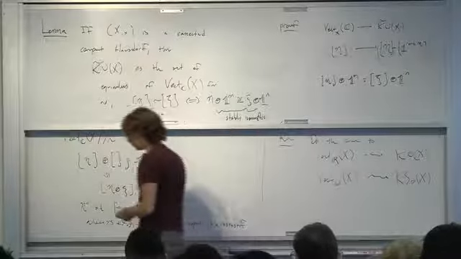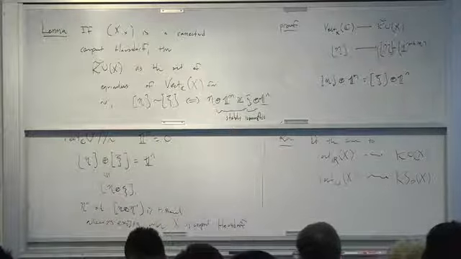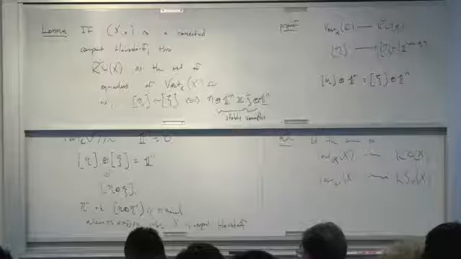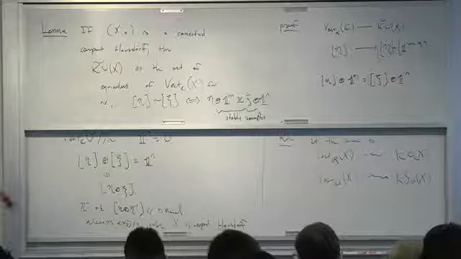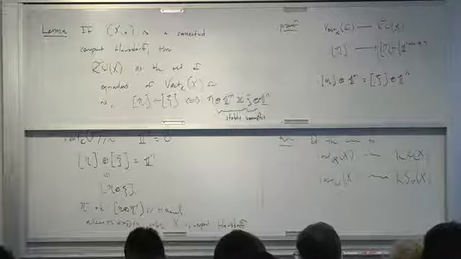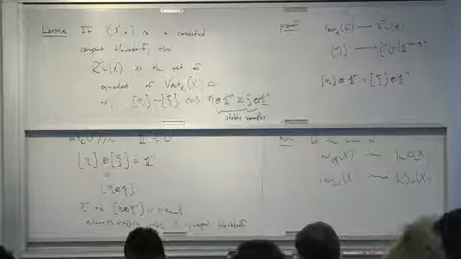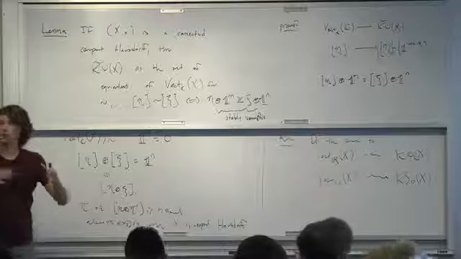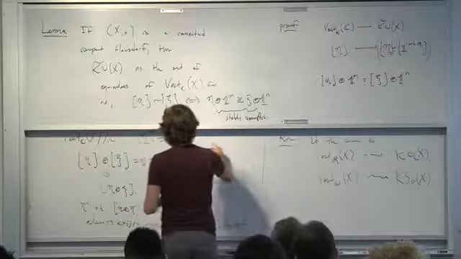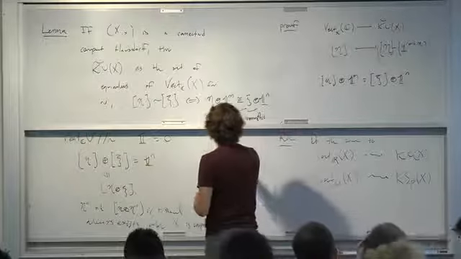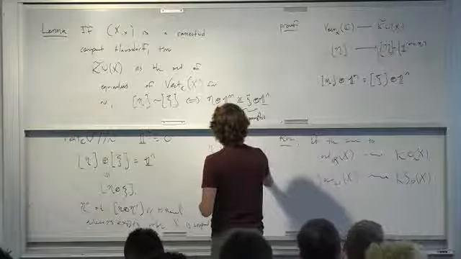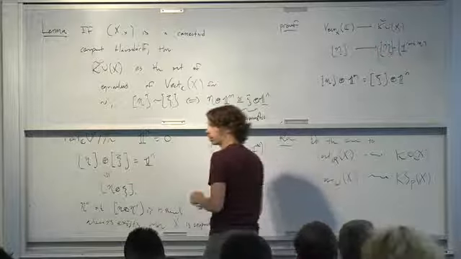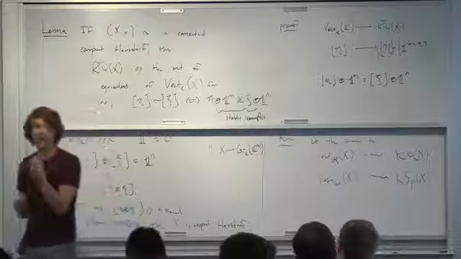Let's see. So that's the reason for this. The reason for this is basically these infinite Grassmannians. Since X is compact Hausdorff, it actually maps to a finite Grassmannian. So eta is basically a map from X to the Grassmannian of k-planes in some large complex vector space. That's what the compactness gets you.